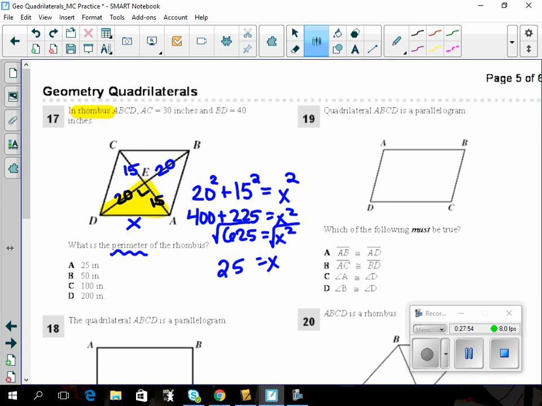Okay. So notice that 25 is an answer choice. Darn it. They put it there to distract us. They're trying to trick us. Right, because we don't want the one side, we want all four. So what's the perimeter? That's right. Good. 100. Okay?